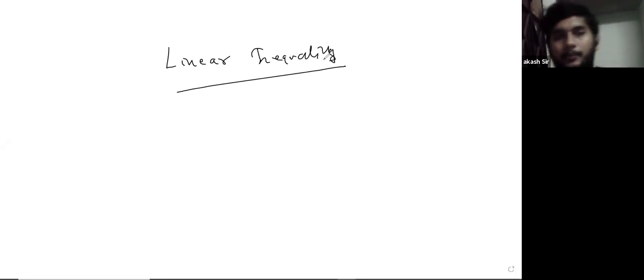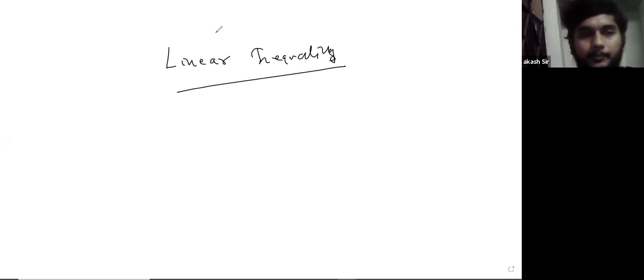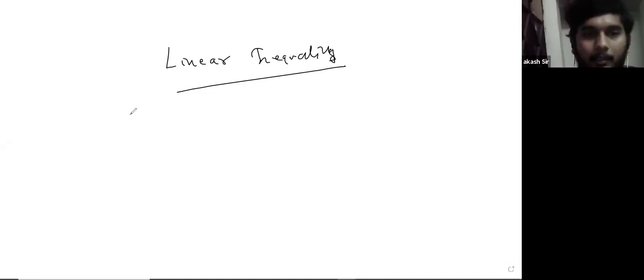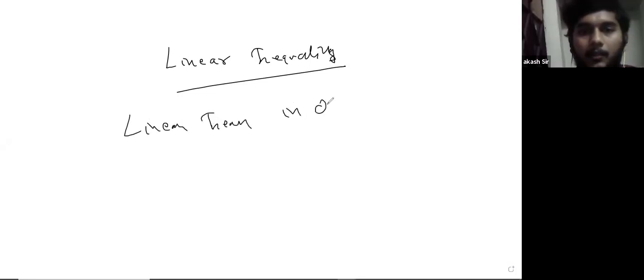So write down the name of the chapter, linear inequalities. Everyone wrote this? Okay. Write first heading, linear inequation in one variable.